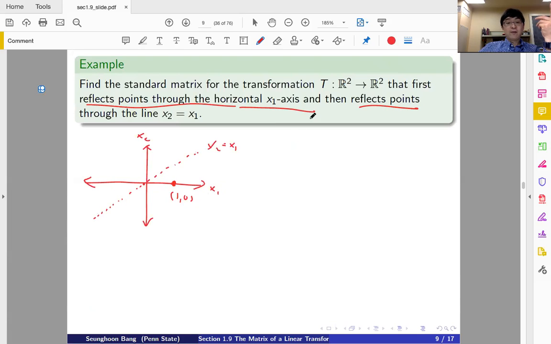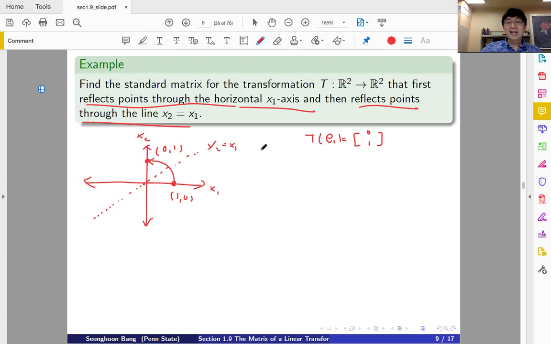Next, reflect the point through the line x2 equals x1. So we have this point, (0, 1). So we have this result: T(e1) is (0, 1).